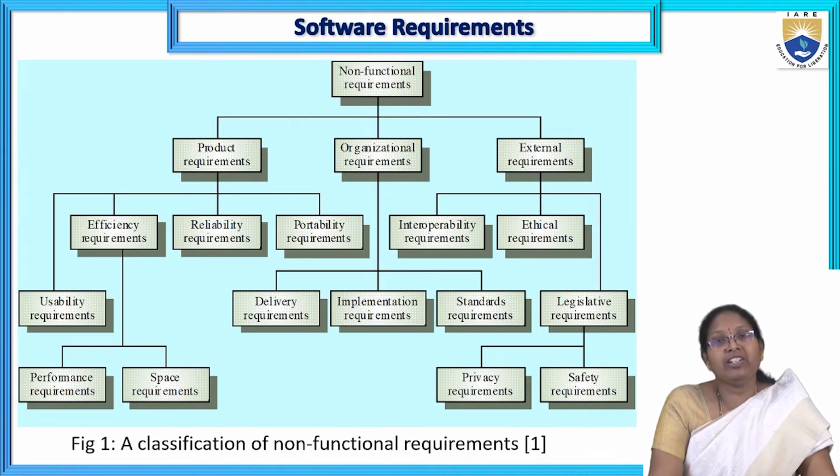Next, non-functional requirements for organizational requirements. Those include delivery requirements, which are the responsibility of the organization. Once the product is completed, how can we deliver it and what requirements are needed? That is called the delivery requirement.